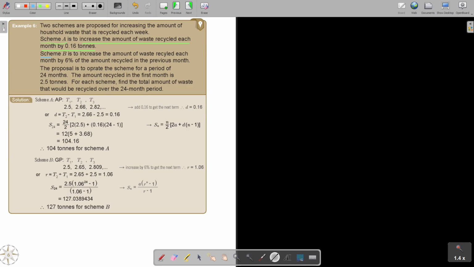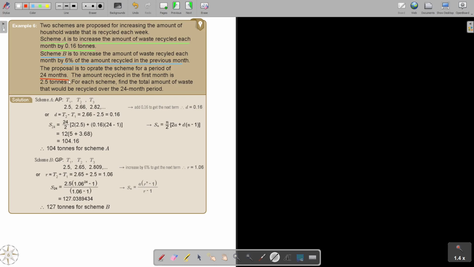Scheme B is to increase the amount of waste by 6% of the amount recycled in the previous month. Just by reading it, you can see the first is an AP and the second is a GP. The proposal is to operate the scheme for a period of 24 months.